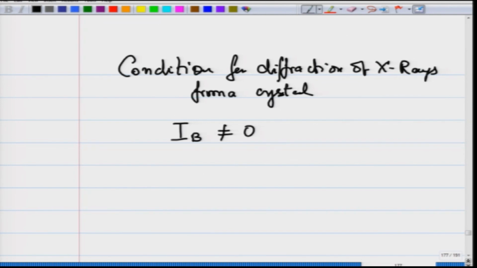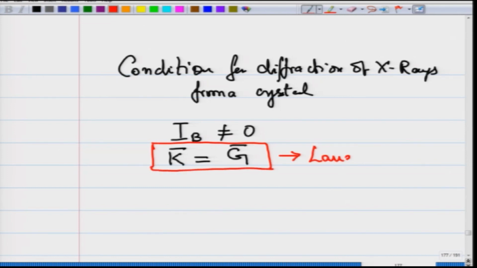The scattered intensity at any point is not equal to 0 if my scattering wave vector is equal to my reciprocal lattice vector. And this condition of diffraction is called the Laue condition of X-ray diffraction.